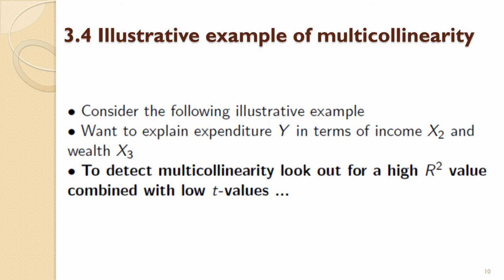Okay, so you know from the practical context here that income and wealth are likely to be interrelated, so you might find it difficult to isolate the individual impact of income and or wealth upon y, and you're likely to find once you press go on your computer high r squared values and low t values.